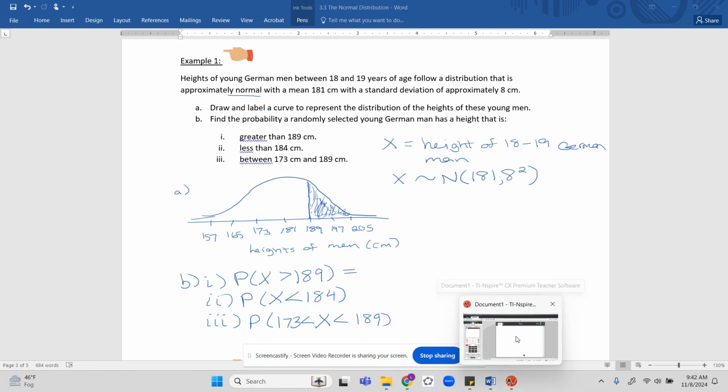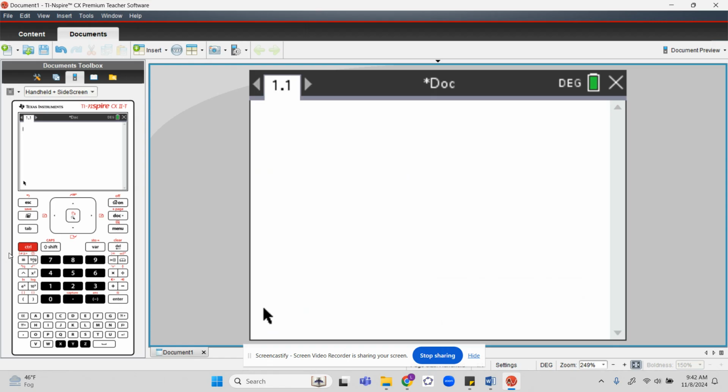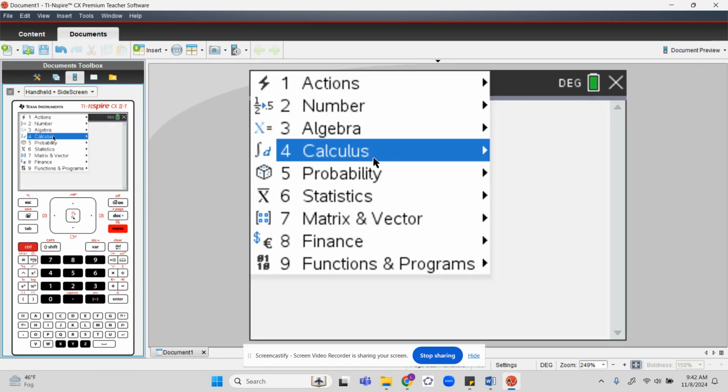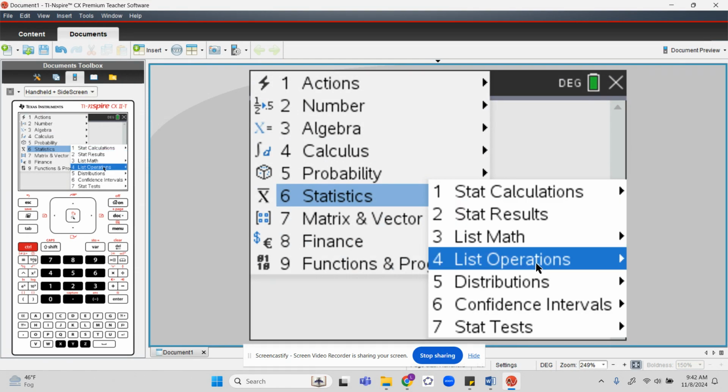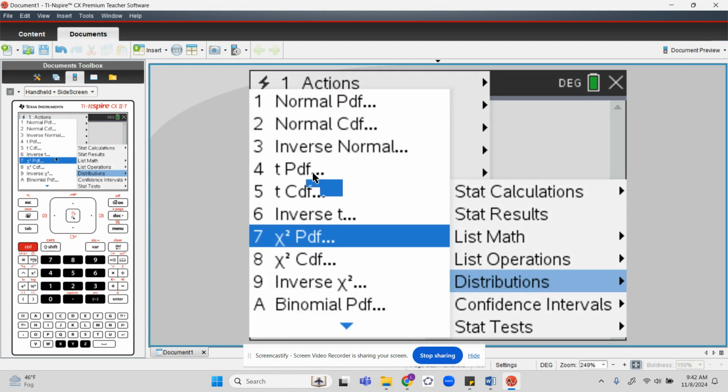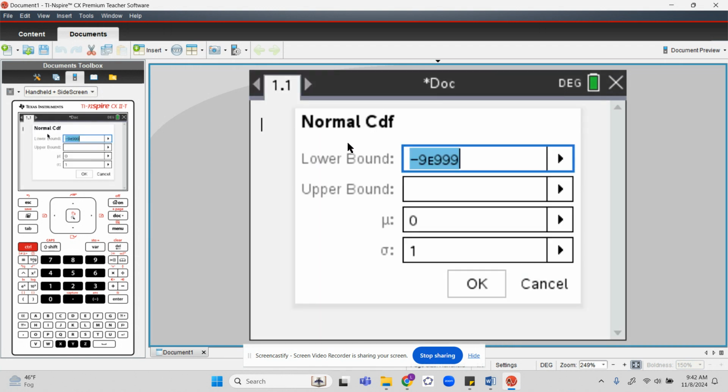We're going to go to the calculator, and we're going to use normal CDF. We're going to go Menu, Statistics, Distributions, Normal CDF. You will never use anything other than normal CDF. You won't use PDF ever, only CDF. I'm going to type in the lower bound.